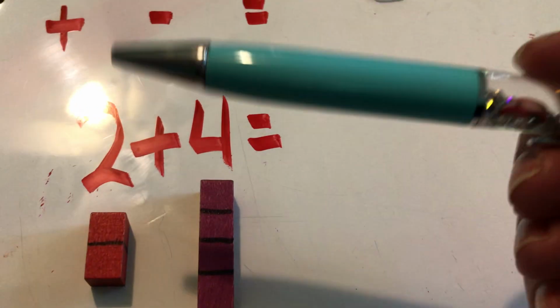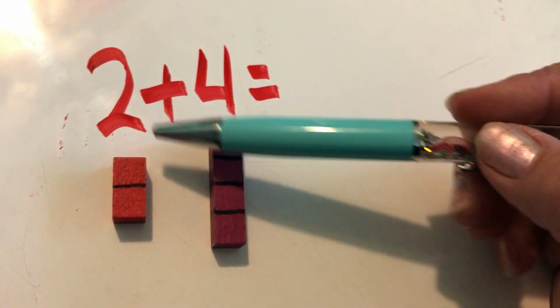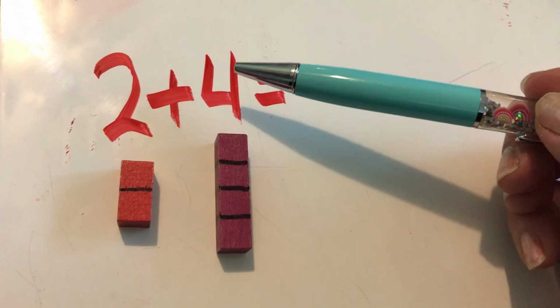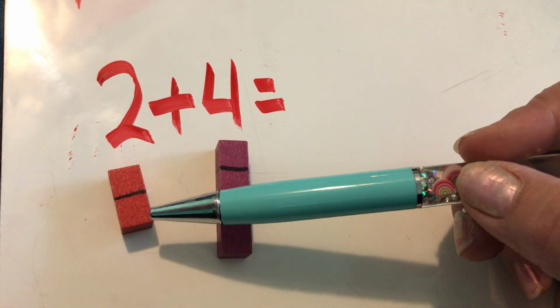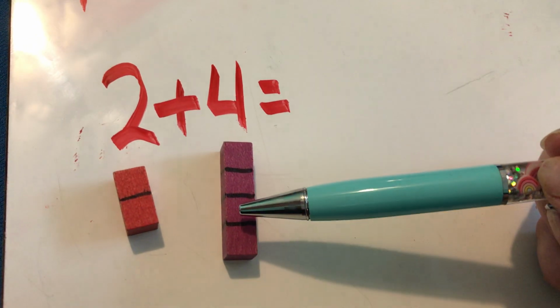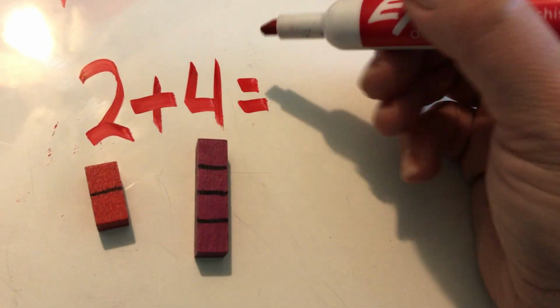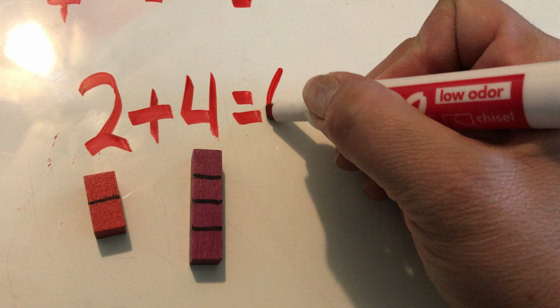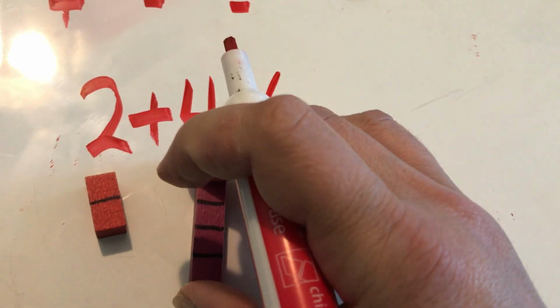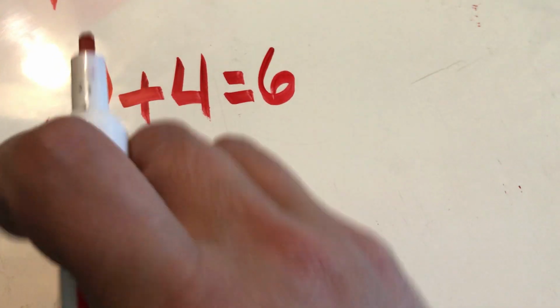Well, let's find out. So we're going to keep adding. 1, 2, 3, 4, 5, 6. 2 blocks plus 4 blocks equals 6. 2 plus 4 of anything would still equal 6.